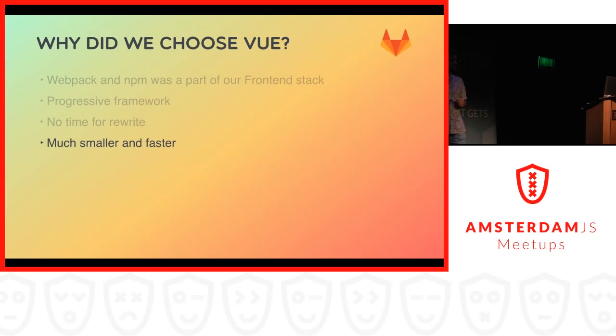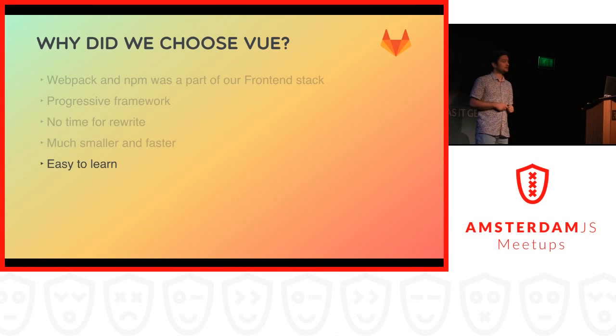Also, Vue was much smaller, and it was much faster than the competitors. It is a small framework, which is really easy to learn, and it allowed contributors to contribute because it's a really growing framework. So it was easy to find contributors from outside, and also easy for us to learn. So we continued shipping to production without dealing with a steep learning curve.